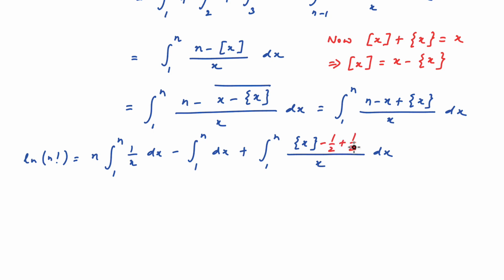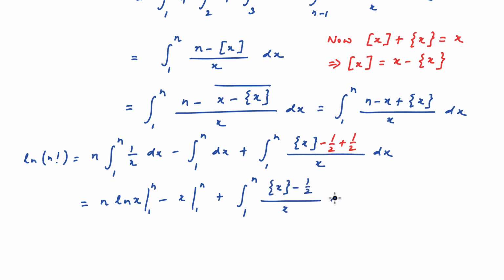We are basically trying to work our way to the final form of the integral that was given to us at the start. So the right hand side becomes n times ln x between the limits 1 to n minus x between the limits 1 to n plus integral 1 to n, the fractional part of x minus half upon x dx, plus half of integral 1 to n of 1 upon x dx.